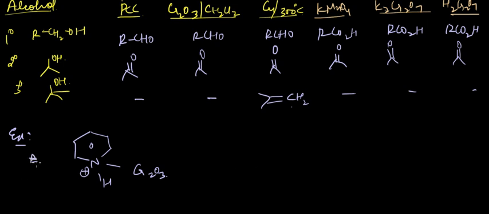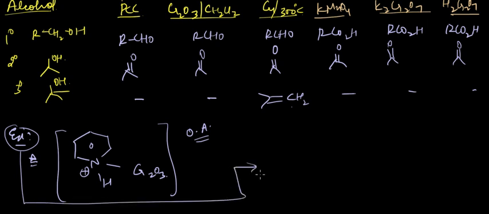This is also, just for information's sake, a very good oxidizing agent. Let's see what actually happens when we react our primary alcohol with a strong oxidizing agent, or with a mild one first.